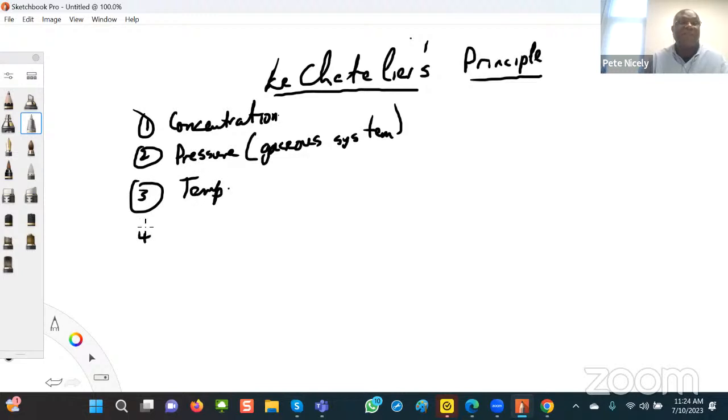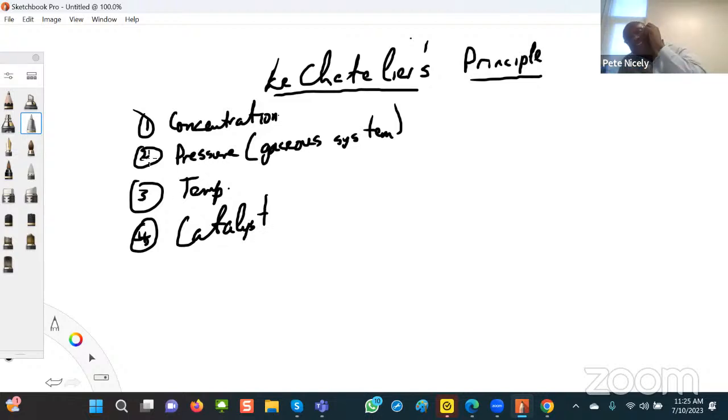And the fourth and final and easiest factor to look at is the presence of a catalyst. So these are the 4 factors we looked at when predicting how a system will respond to changes in any of these when the system is already at equilibrium.